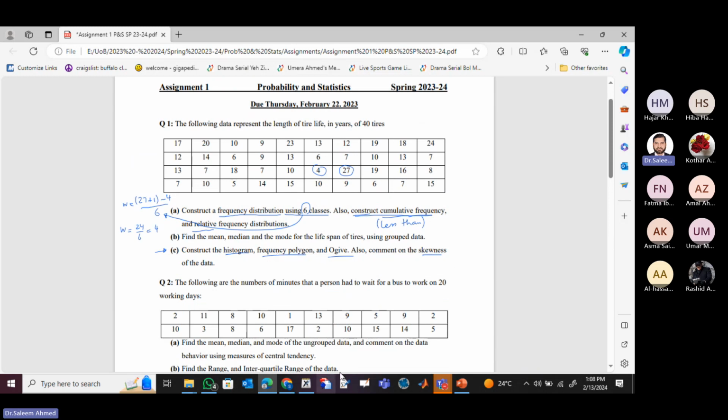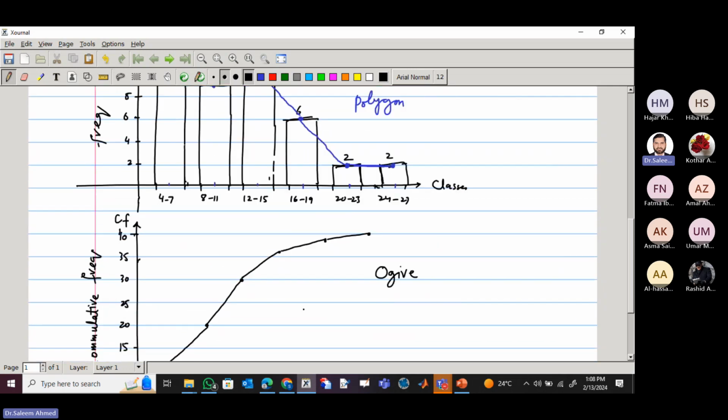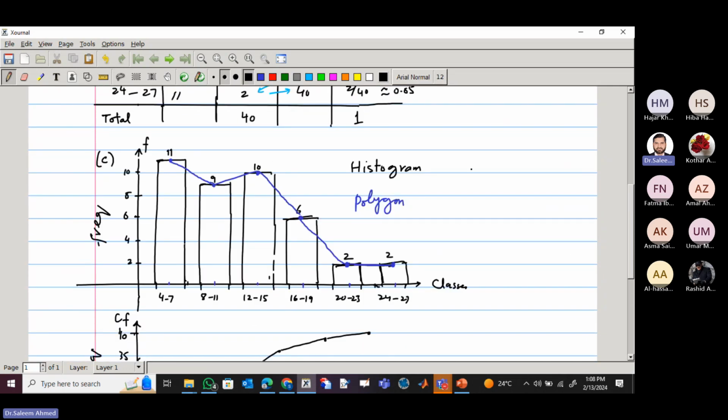And what is the skewness? Skewness is the symmetry, right? And here you see, skewness is something when you have a tail. So there is something like this at the beginning, but then you are having a tail, right? So it's kind of positive skewed. We should have this type of picture, but it's okay.